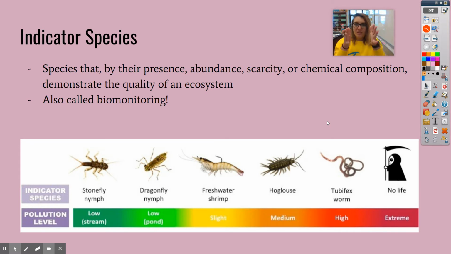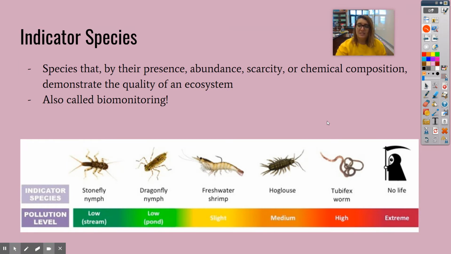Because we know the ecological tolerance for so many different organisms, we can use that to determine if an environment is out of the optimal range for, let's say, really high levels of pollution. We know that if organisms are dead, it's not a good environment. This is also called biomonitoring.